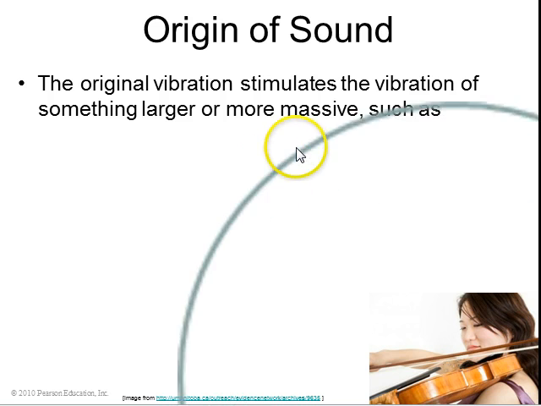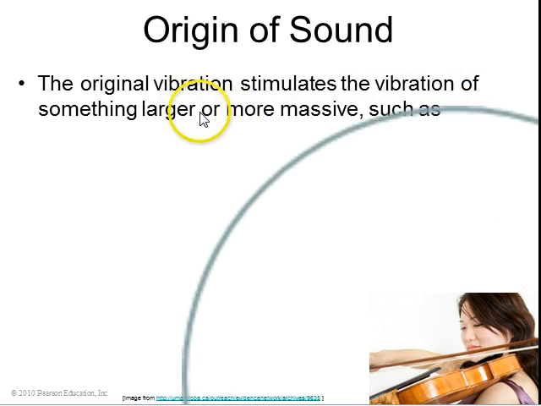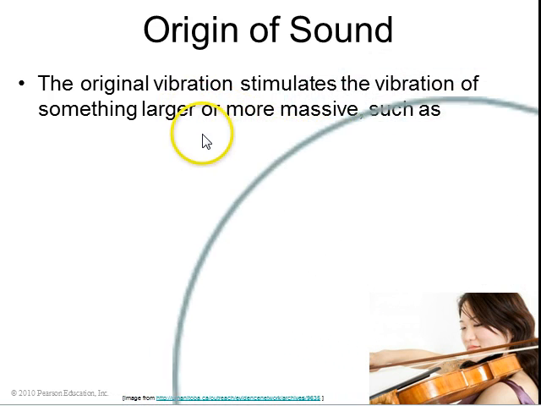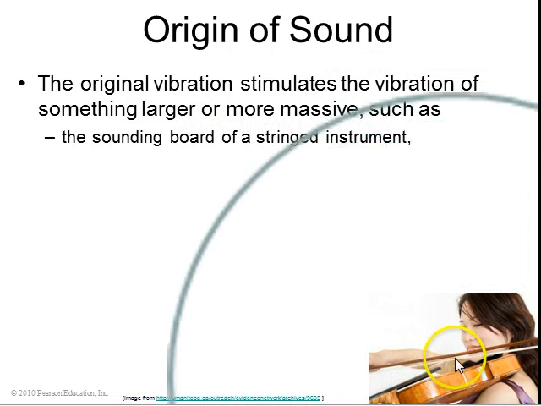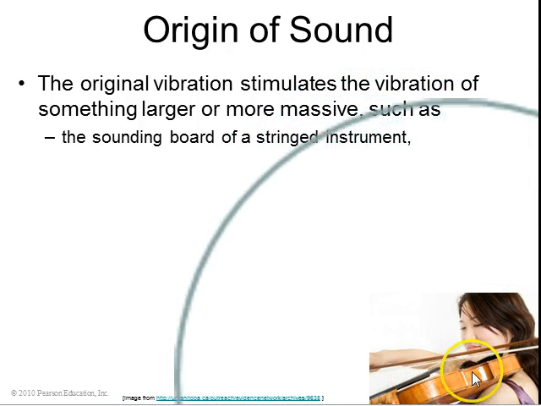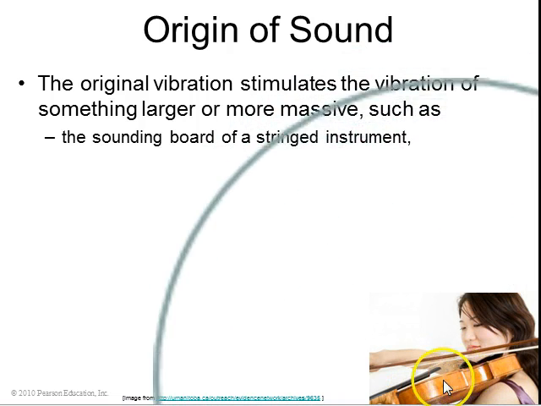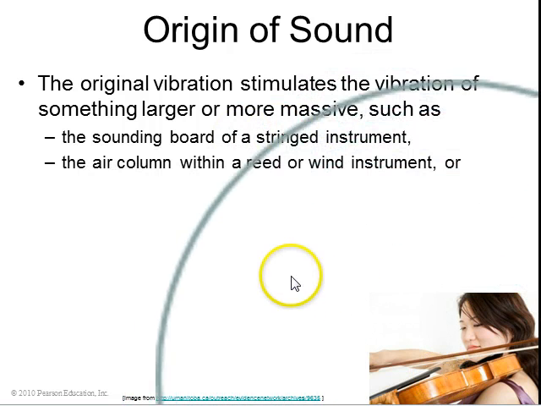Normally, the original vibration stimulates the vibration of something that's larger or more massive. For example, on this violin, the original vibration is the string, but then this wooden sounding board also vibrates and is what produces most of the sound.